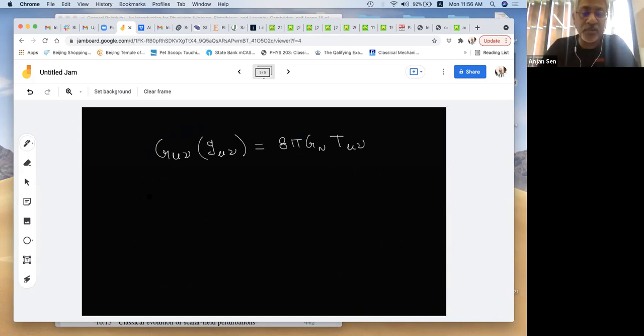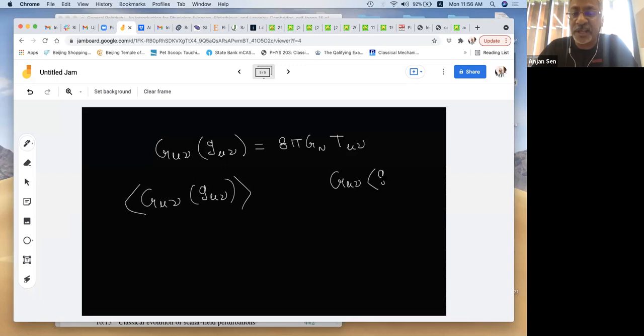So what one should have done is solve this Einstein equation for this G nu mu and then take the average. Rather, what we are doing is writing the Einstein metric from the very beginning in terms of this average G nu mu, and then we solve this equation.